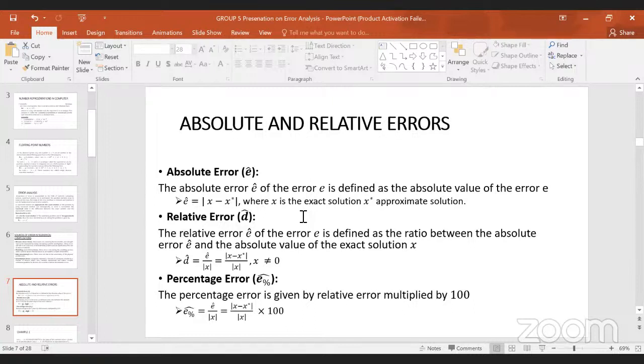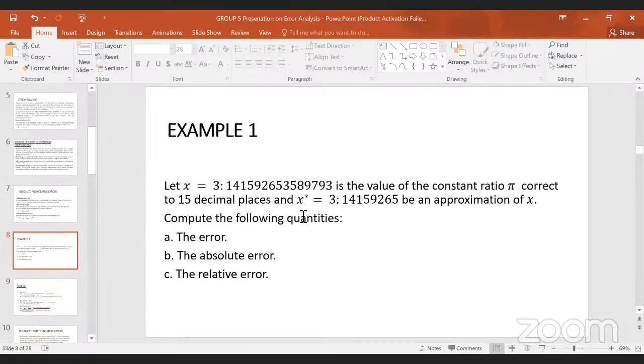The relative error is the absolute error divided by the absolute exact solution. The relative error is denoted by D, and it is equal to the absolute error divided by our exact solution. Then that leads us to percentage error. All we need to do for percentage error is to multiply our relative error by 100. And this gives us the percentage error.